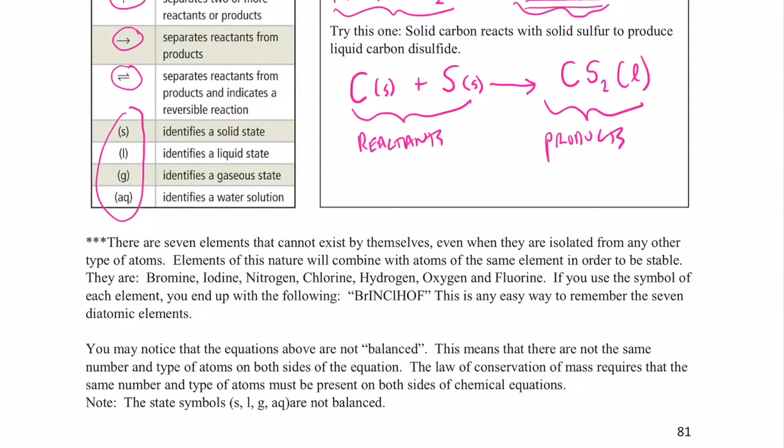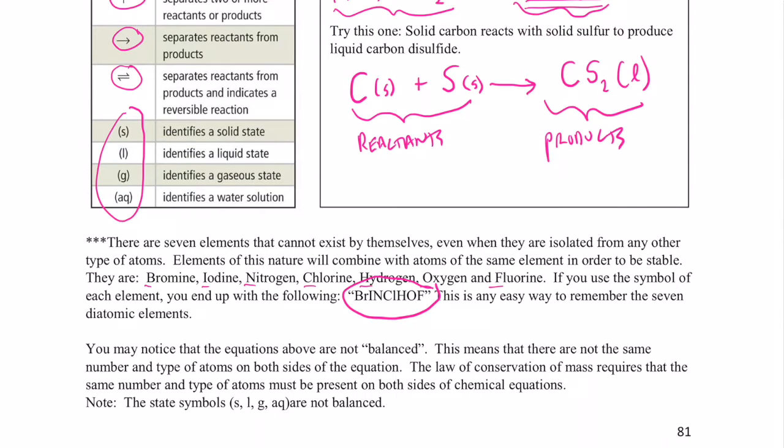Elements of this nature will combine with atoms of the same element in order to be stable. They are bromine, iodine, nitrogen, chlorine, hydrogen, oxygen, and fluorine. Now, if we use the symbols of each element, you end up with the following, right there.